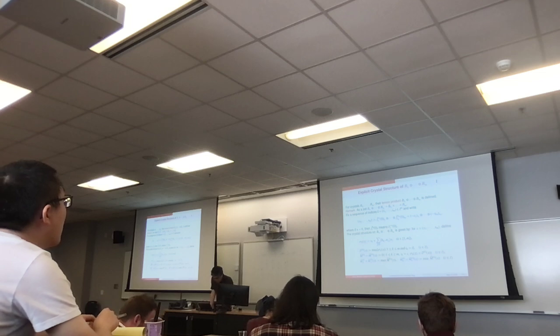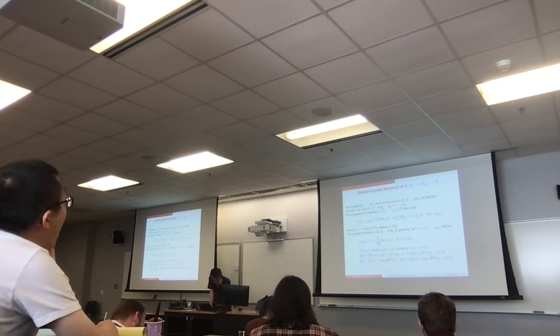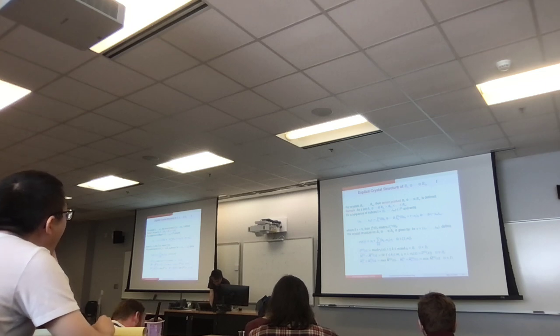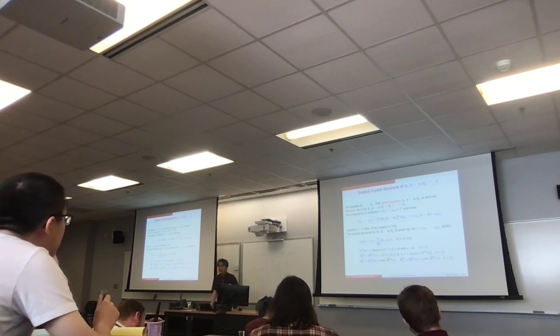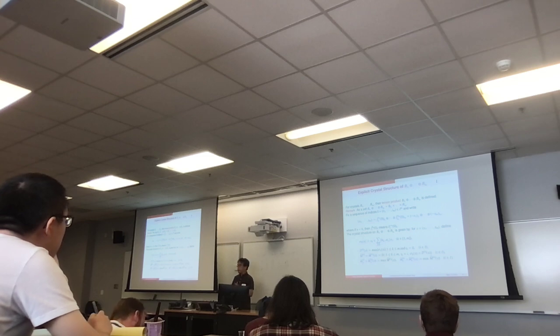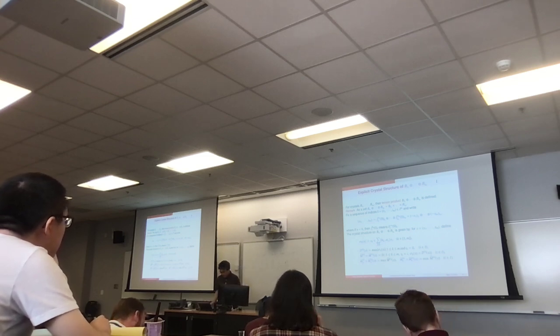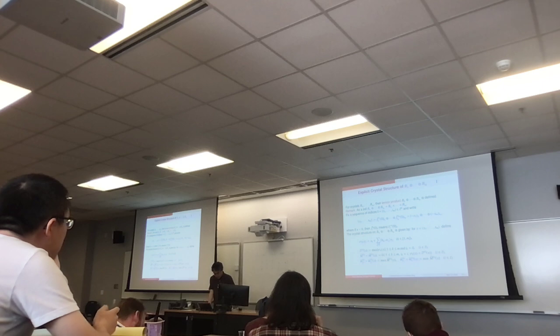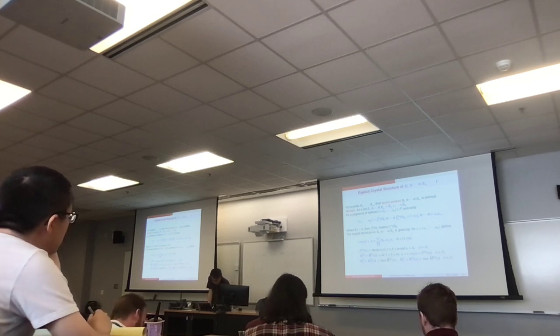Its structure is as follows, but it's a little complicated, so I don't want to say so much. Generally, a crystal basis has a tensor product structure. But I do not give the exact definition today, and only concentrate on this one.